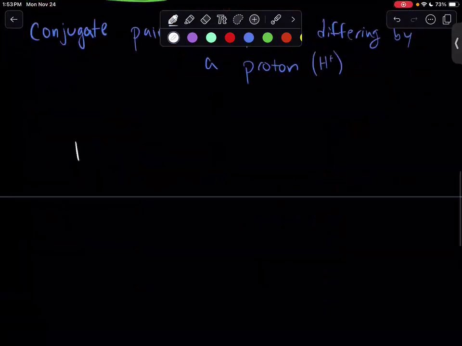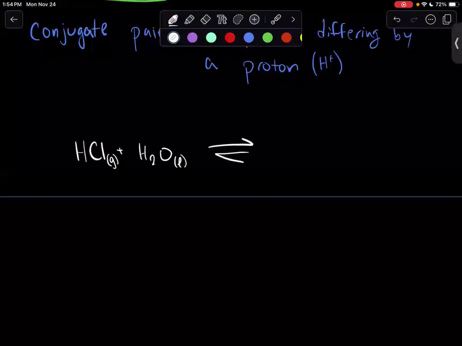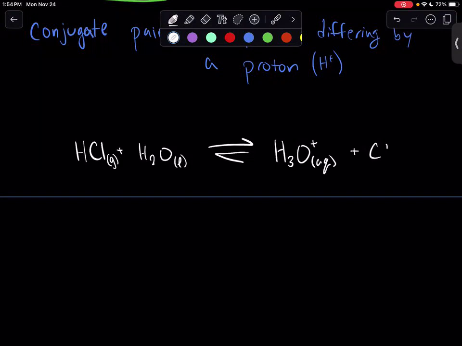So we can look at the reaction of HCl plus water. Whoops, that's going to be a liquid. These become now hydronium, as we saw the acids become in water, and we get chloride.